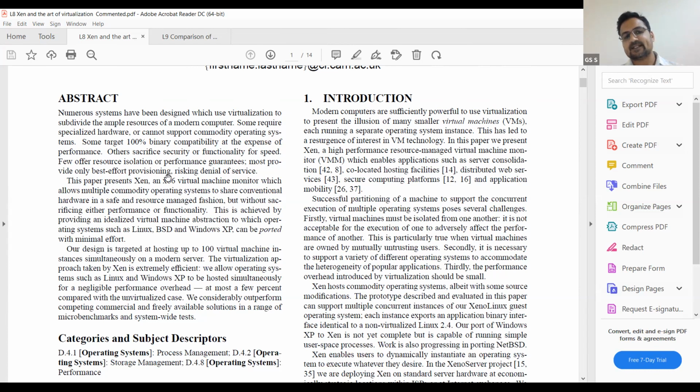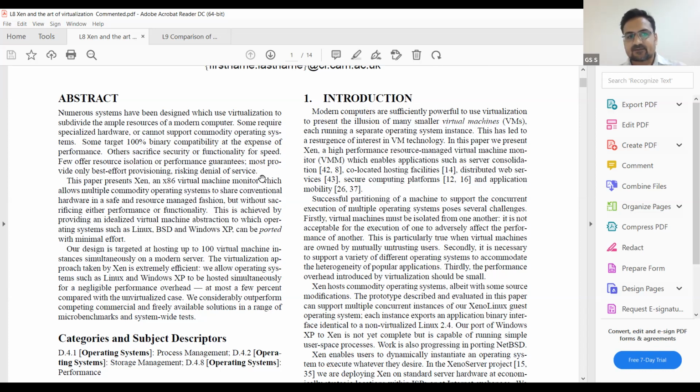Most provide only best effort provisioning, risking denial of service. This is a very important attack, denial of service. You might have heard about DDoS, distributed denial of service. So when you talk about resource isolation, we want that every virtual machine or every container should get its share of resources without being affected by other co-tenants, right?